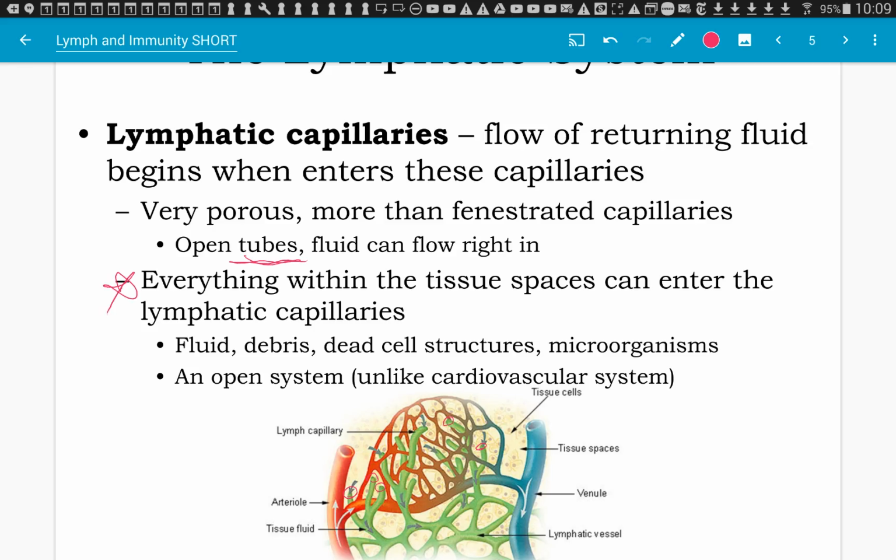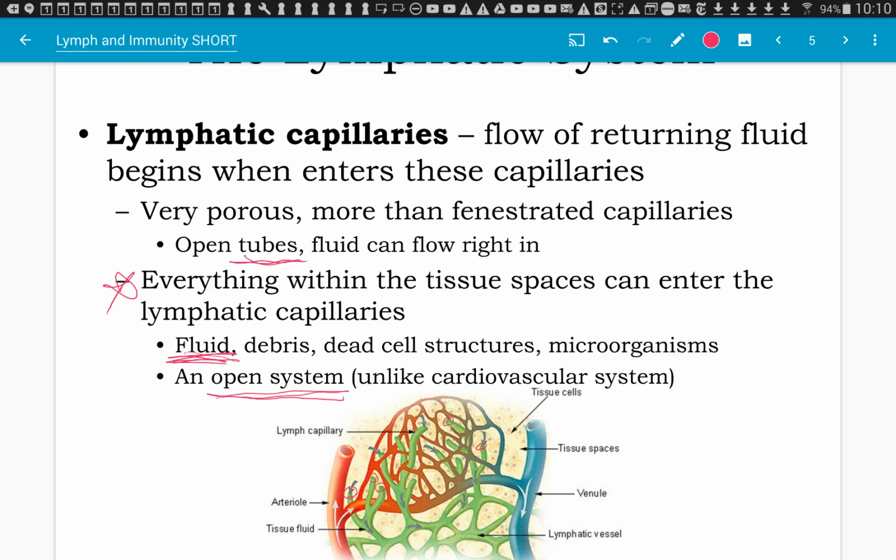Fluid's a big deal. Its main job is to collect that extra fluid, clean it, and dump it back into the blood. But you also get other things like debris, dead cells, bacteria, parasites, and infected cells, and so we consider this an open system.